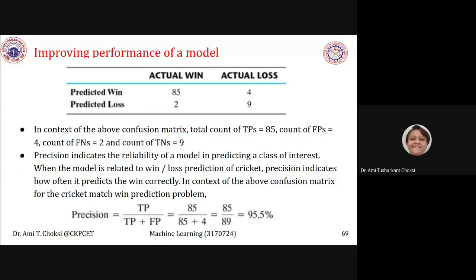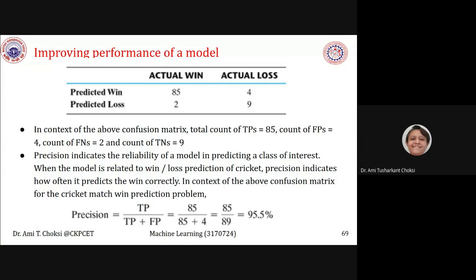Precision. Okay, for that what do we say? Precision indicates the reliability of the model in predicting a class of interest, when the model is related to win or loss prediction of cricket. Precision indicates how often it predicts the win correctly.